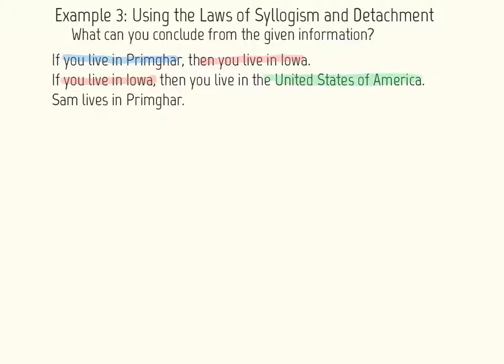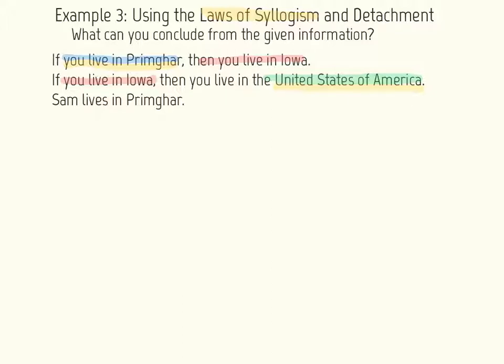With the law of syllogism, we could say, if you live in Primgar, then you live in the United States of America. That's the first thing we could say just using the law of syllogism. You could do the skipping of Iowa. However, we have an extra bit of information.